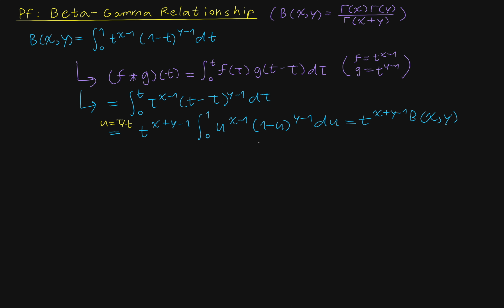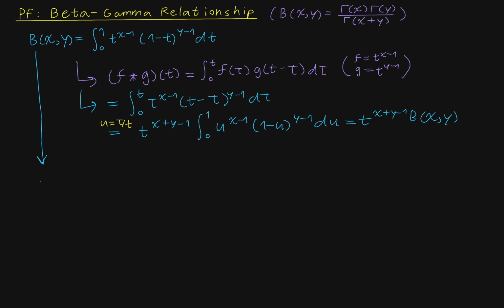So now we have this result for the convolution in relation to the beta function. Now the beta function here is pretty much like a constant value because it doesn't depend on t. So again, this has a nice relation with the Laplace transform, that we can break the Laplace transform of f convolved with g into a product of the Laplace transform of f times the Laplace transform of g.